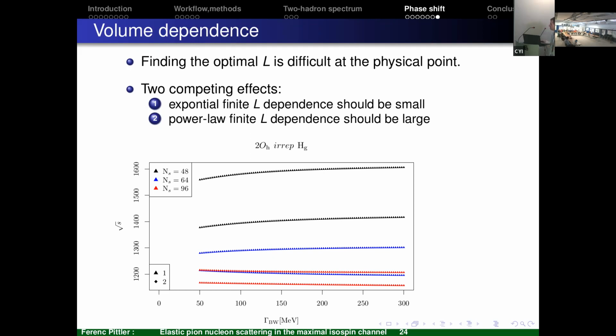On the plot, I show you that for Ns equal 48, this second effect, the power law L dependence, is quite large. However, in our case, the 64 is reasonably smaller, and even if we go to 96, it's much smaller.